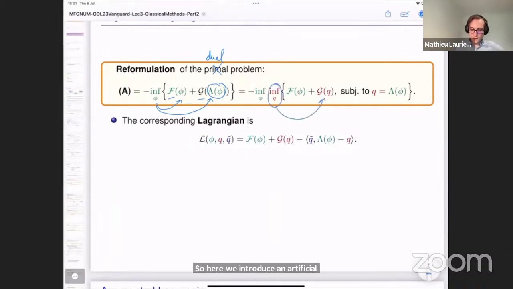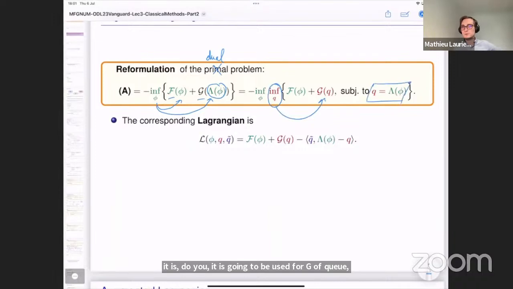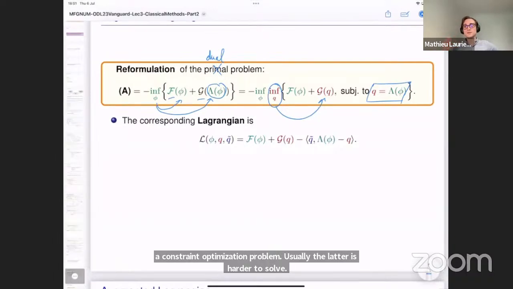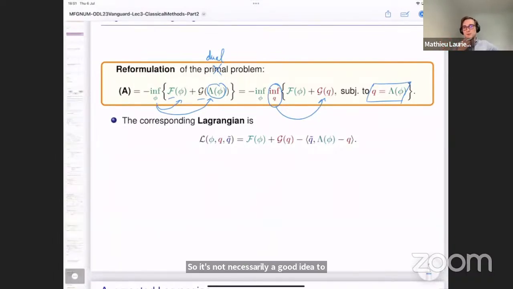It is going to be used for G of q, but separately we impose the constraint that q is equal to lambda of phi. So we go from an unconstrained optimization problem to a constrained optimization problem. Usually the latter is harder to solve. So it's not necessarily a good idea to add constraints artificially. It may make things harder to solve. But what we do next is we look at the Lagrangian. So this is an adjoint variable, which is going to multiply the constraint.